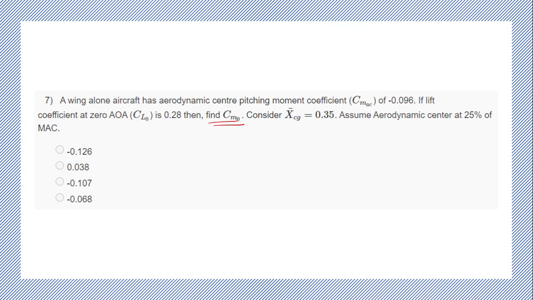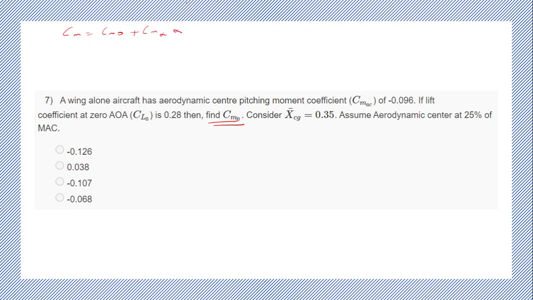What kind of wing cross section does this aircraft have? The cross section of the wing, what airfoil is it? It's a positive cambered airfoil. How do you find Cm0? Cm is equal to Cm0 plus Cm alpha into alpha.